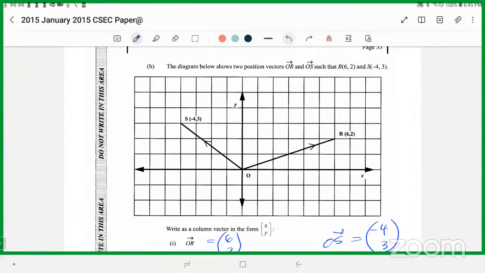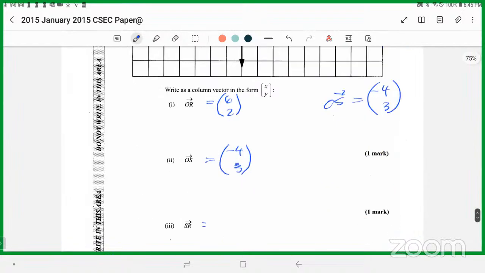So how many units there? 1, 2, 3, 4, 5, 6, 7, 8, 9, 10 units to the right, and 1 down. That's 10, -1. That's what I'm supposed to get. 10, -1. All right, so the graph is telling me it's 10, -1. Let's do it by calculation now and see if we get the same thing.